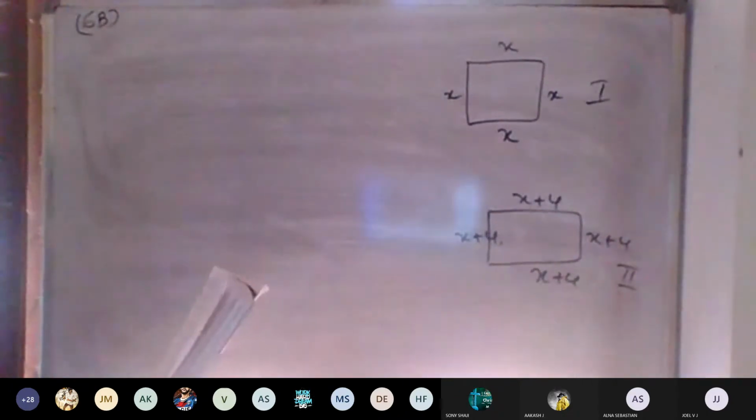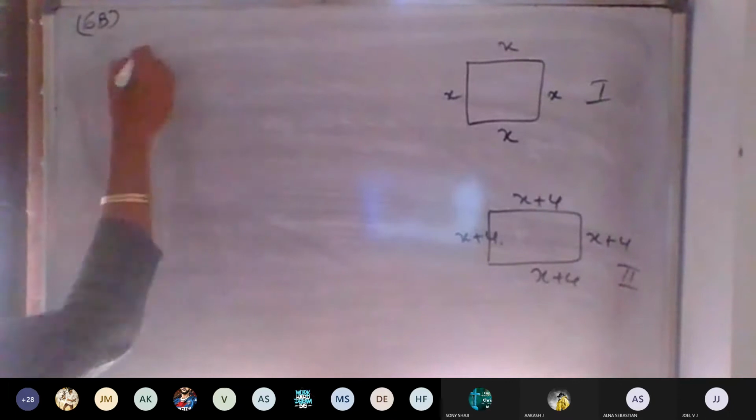Two squares having sides x centimeter and x plus 4 centimeter. Sum of their areas is given as 656. Sum of their area means area of the first square plus area of the second square is given as 656.